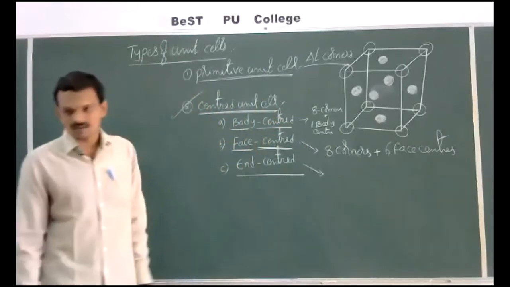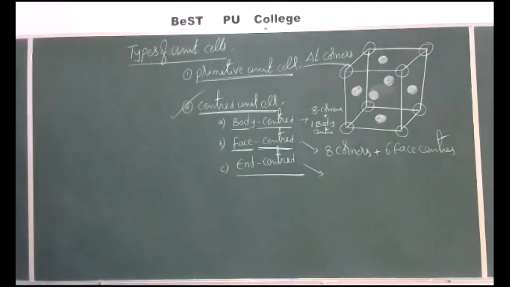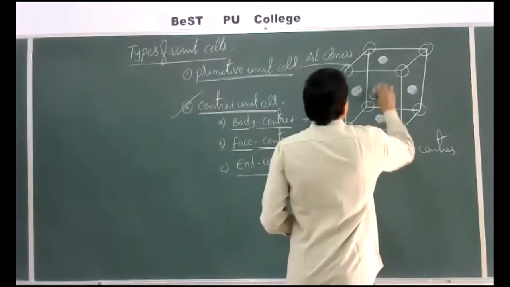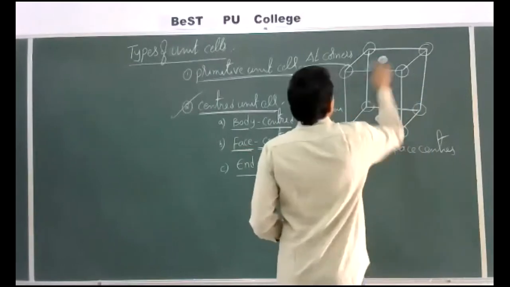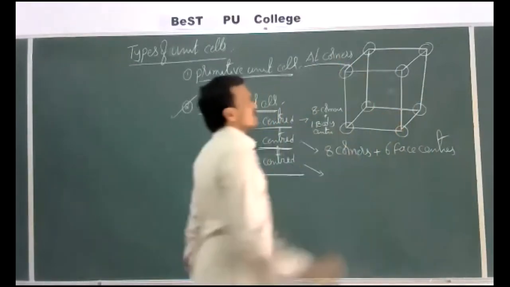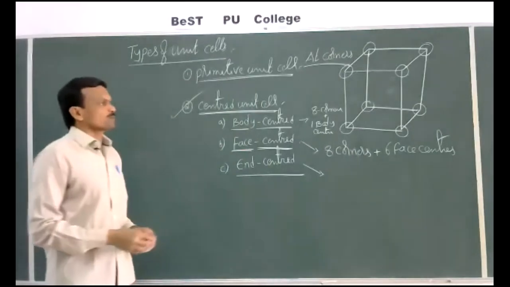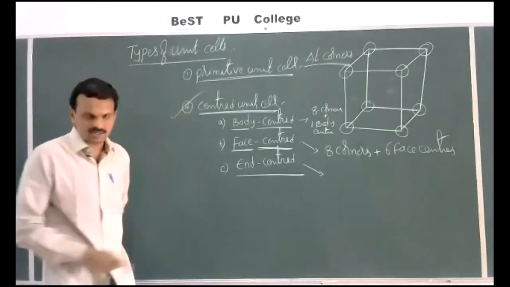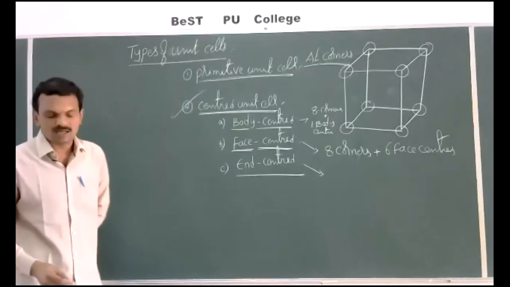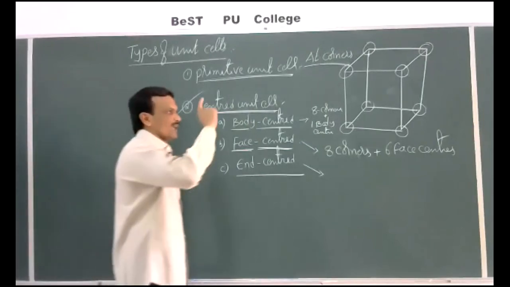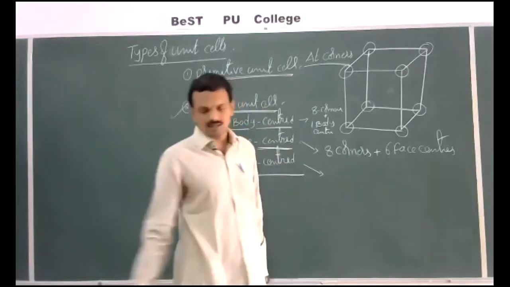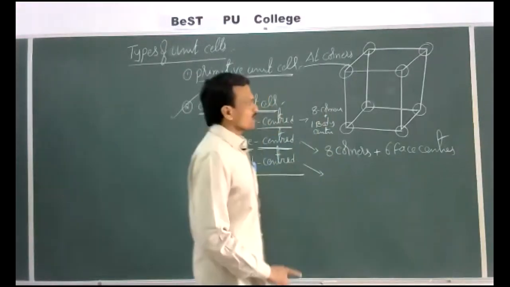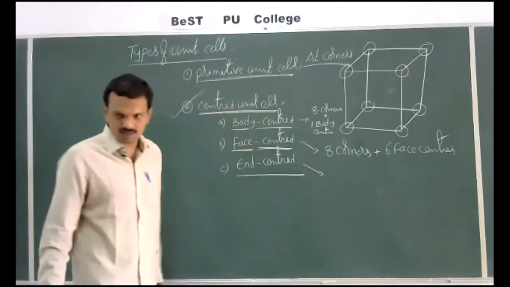end centered unit cell. What is this end centered unit cell? Now see here. This is a simple unit cell, that is a primitive unit cell. In addition to the particles at the corners, if the particles are present at any two opposite face centers, see, total 6 faces are there, that means 3 opposite face center pairs we can get.